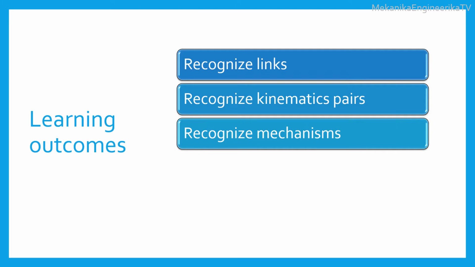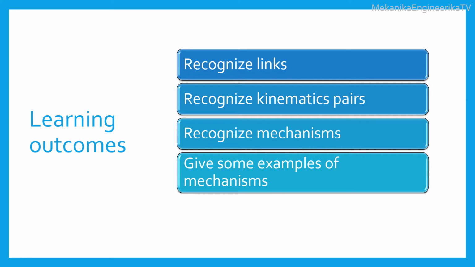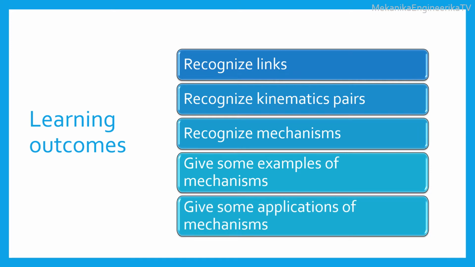Then, you will be able to recognize mechanisms, which are specific arrangements of links and kinematic pairs. Next, you will be able to give some examples of mechanisms. Last, you will be able to give some applications of mechanisms in real engineering solutions.